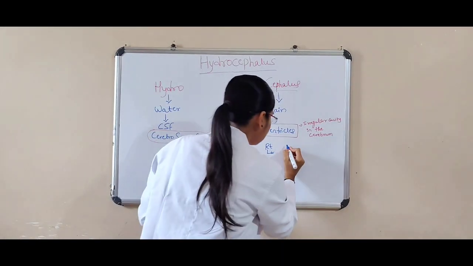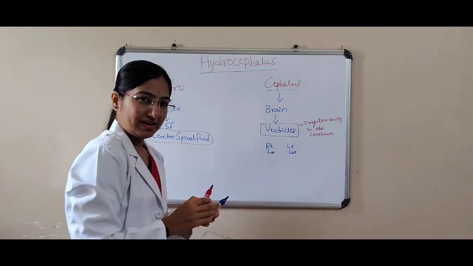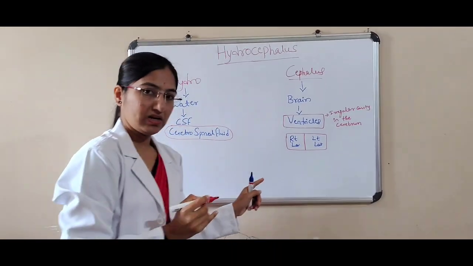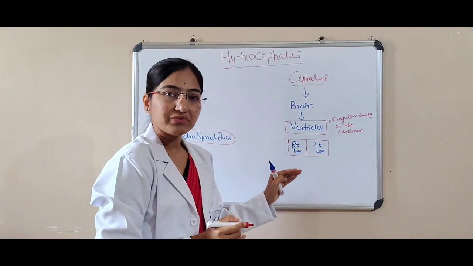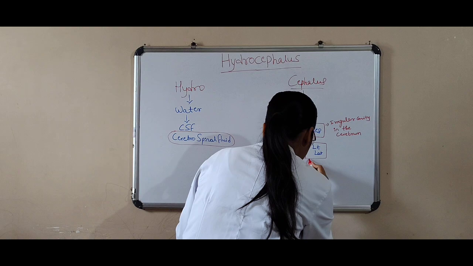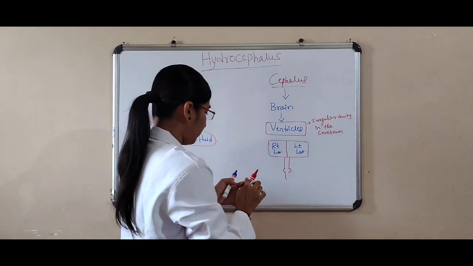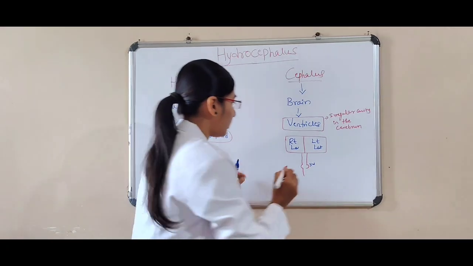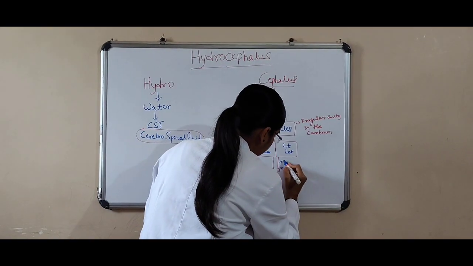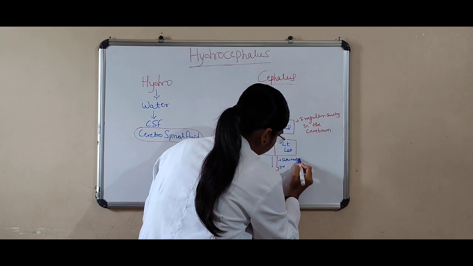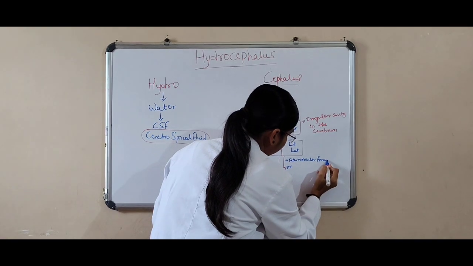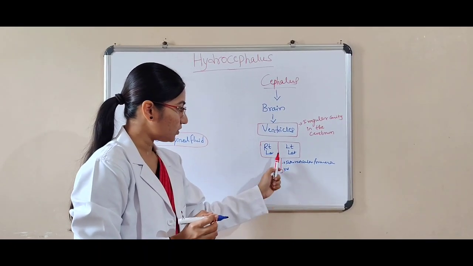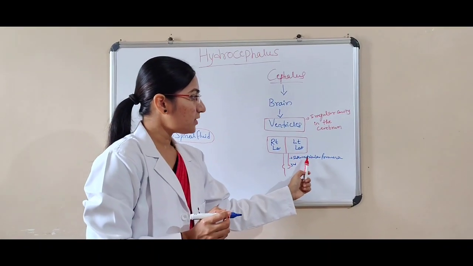These 2 lateral ventricles communicate with the 3rd ventricle through the interventricular foramina.